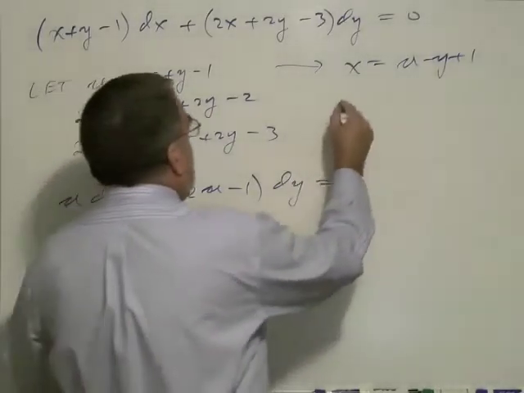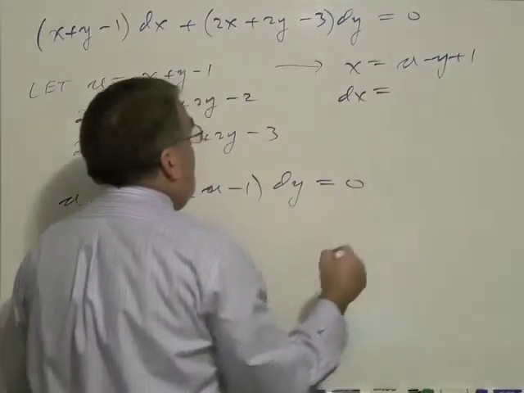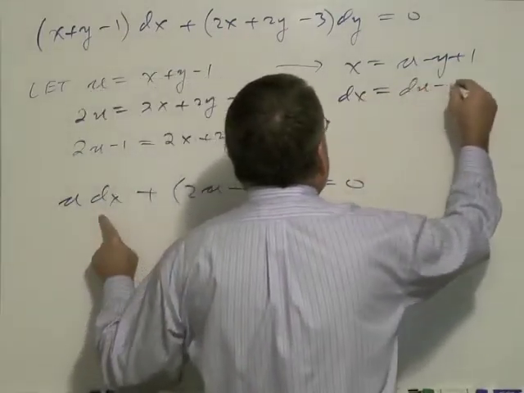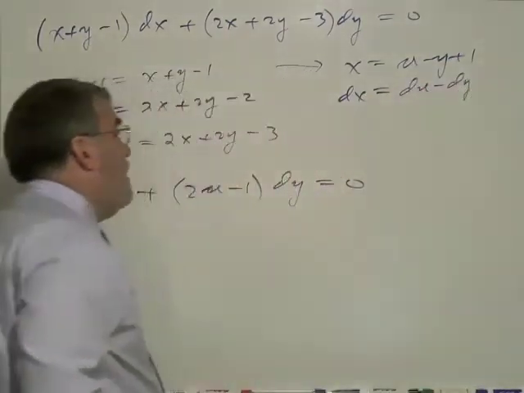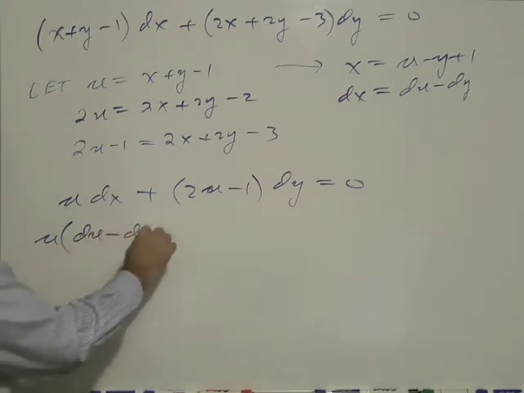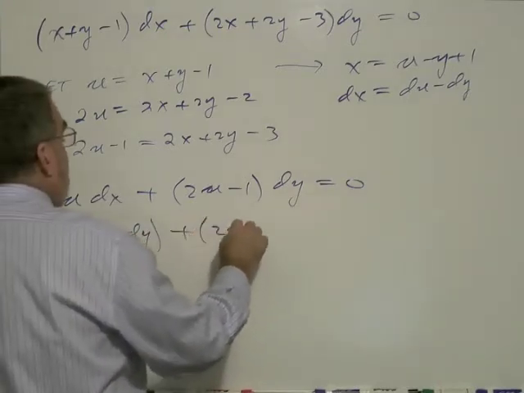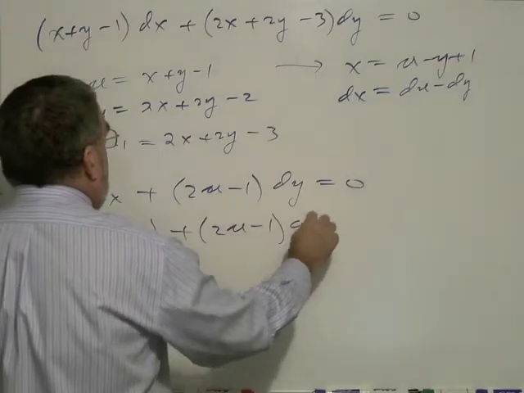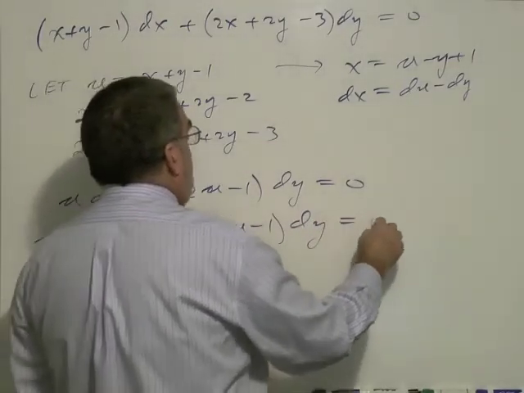I need to substitute for dx, so take the differential: dx would be du - dy, and the differential of 1 would be 0. So now I've got u (du - dy) + (2u - 1) dy = 0.